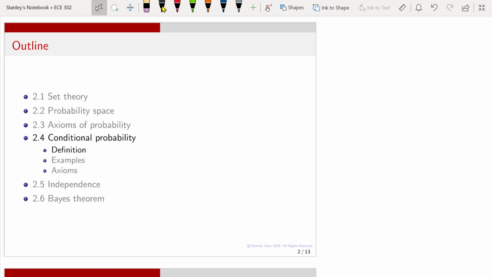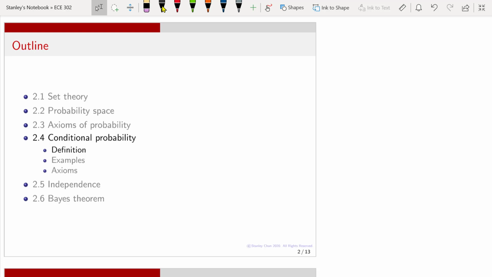So what I want to do is to introduce the definition of conditional probability, and then show you some examples of conditional probability. Towards the end of this lecture, I want to explain why the conditional probabilities will also satisfy the axioms of probability.